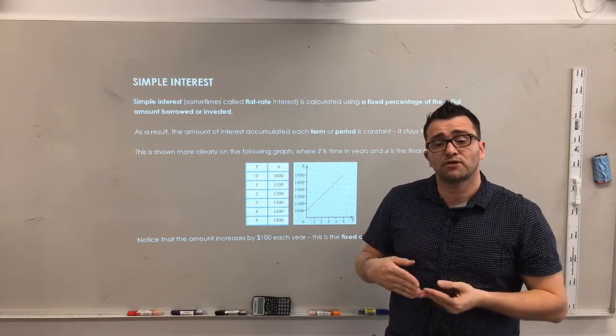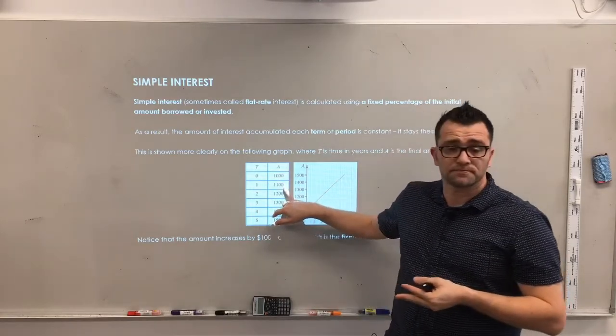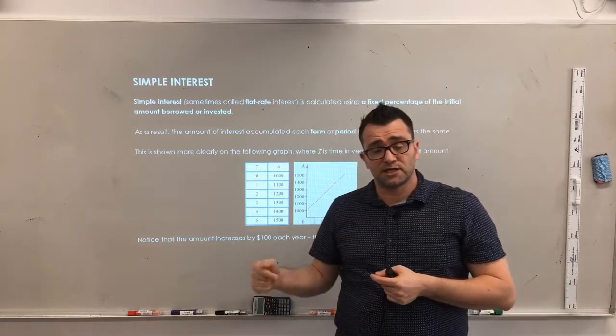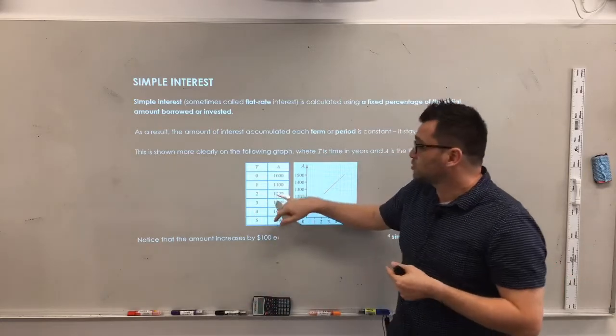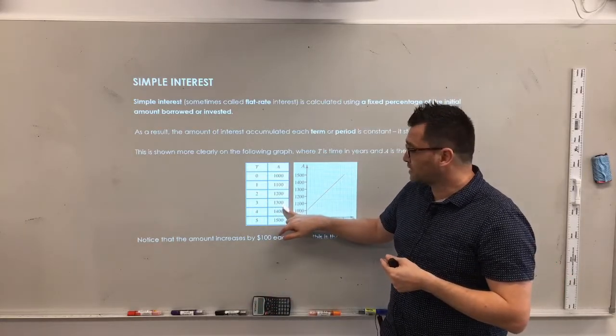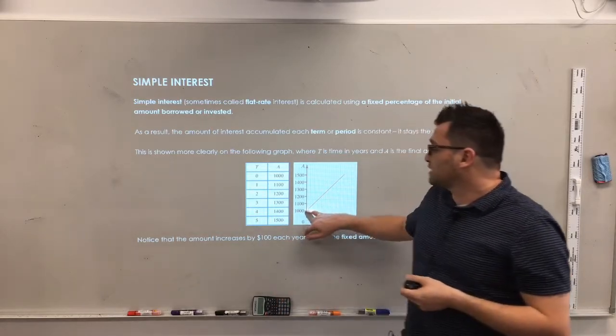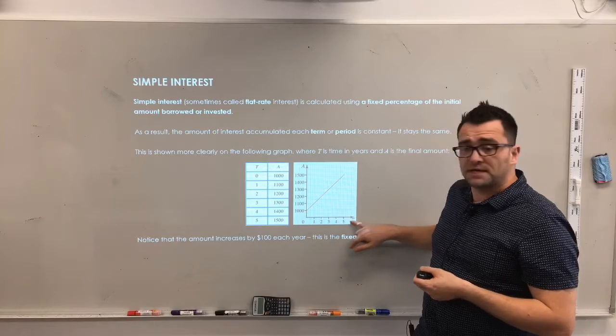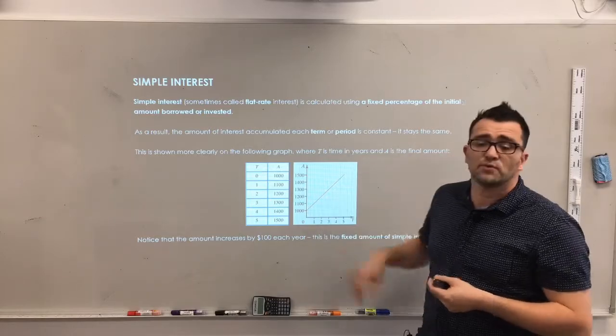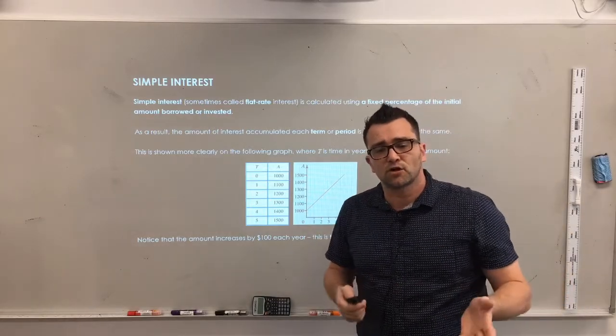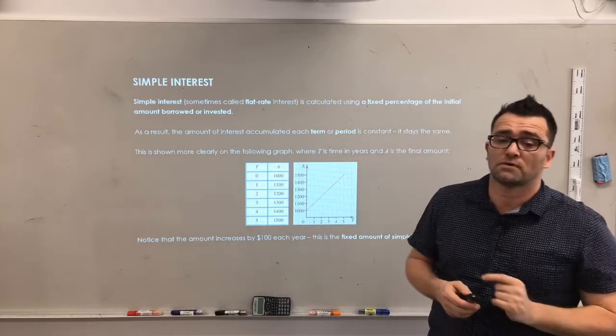So after 1 year, you would have $1,100. And then after the second year, you would have $1,200 because we add in another 100, another 100, another 100. So therefore, if we were to graph the period by the amount, we get a straight line. Now this is in contrast to compound interest, which we'll talk about later on.